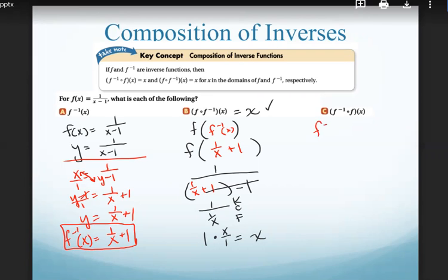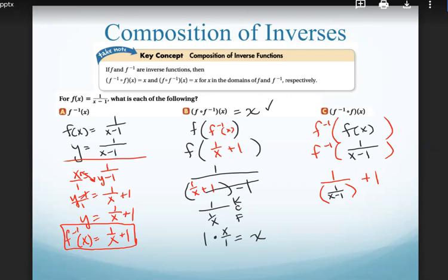F inverse of f of x. So that means we're doing f inverse of, what does f of x equal? 1 over x minus 1. And then f inverse is 1 over x plus 1. And my x is 1 over x minus 1.